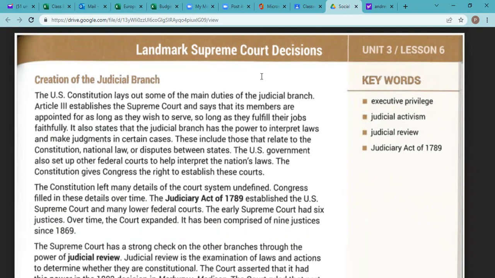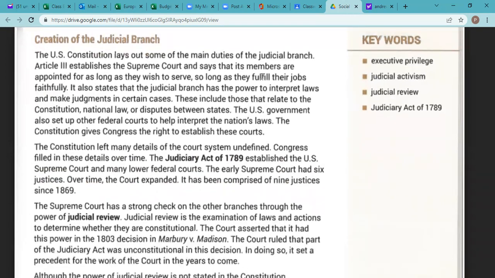Now, the US Constitution lays out some of the main duties of the judicial branch. And it says here that Article 3 establishes the Supreme Court and says that the members are appointed for as long as they wish to serve. I'm going to actually erase that so it looks a little better.